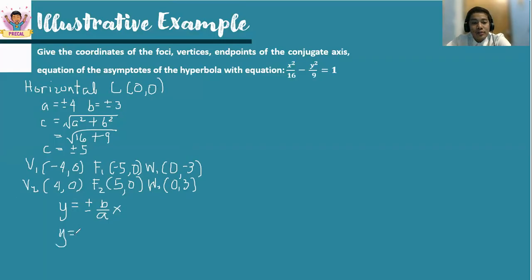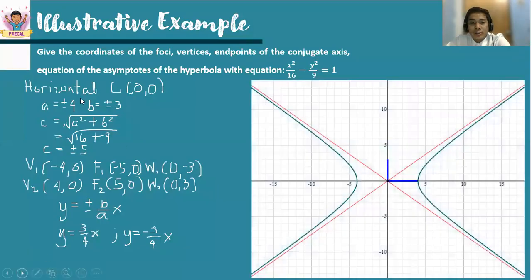Substituting the values, the first asymptote, which leans to the right, is 3 over 4 x, while the other asymptote, which leans to the left, is negative 3 over 4 x. So this is how the graph looks like.